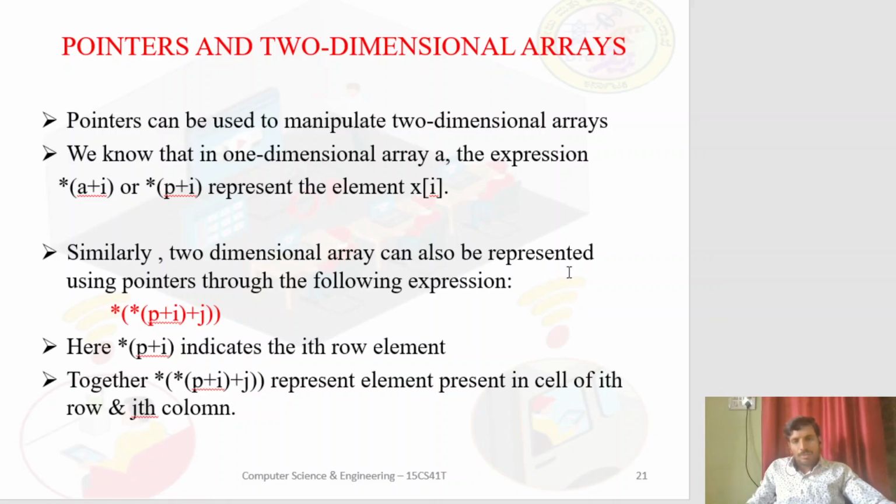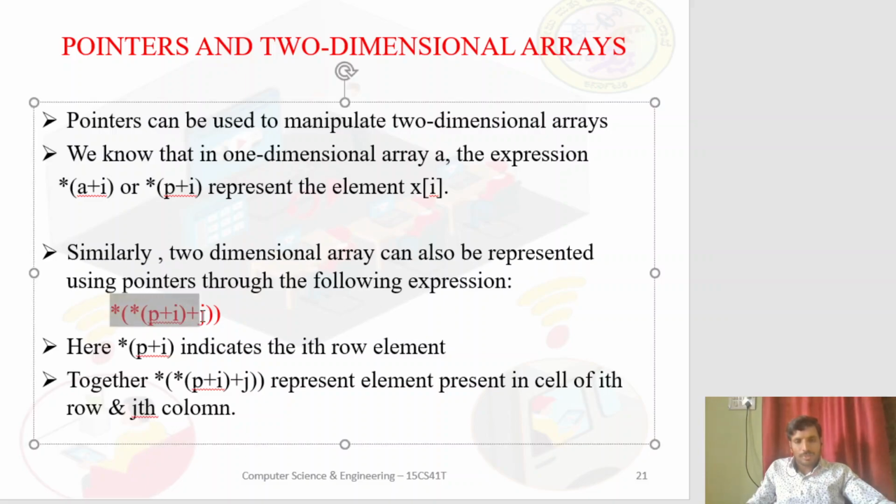Similarly, a two-dimensional array can be represented using pointers through the following expression. Here we have to use double asterisk operations enclosed between double parentheses. The first one will indicate the array element at the position p plus I, and the entire expression together will represent the element present at the ith row and jth column.